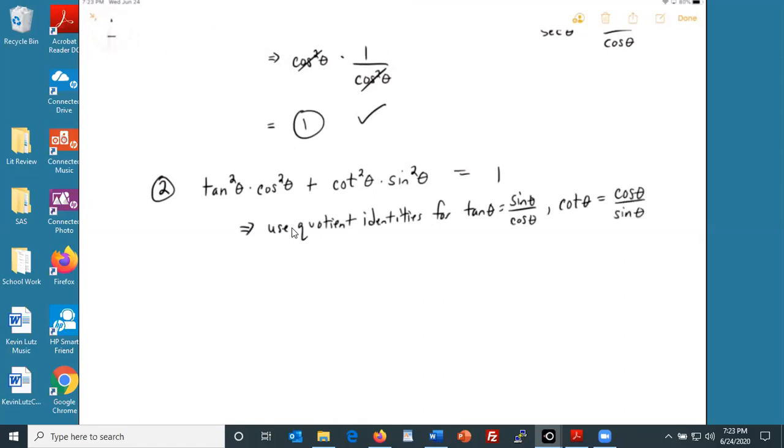Remember, the tangent quotient identity is sine over cosine, and cotangent is the reciprocal of that, cosine over sine. But remember, we're squaring it, so tangent squared will be sine squared over cosine squared. So let's simplify. And next to it is a cosine squared, plus cotangent squared.